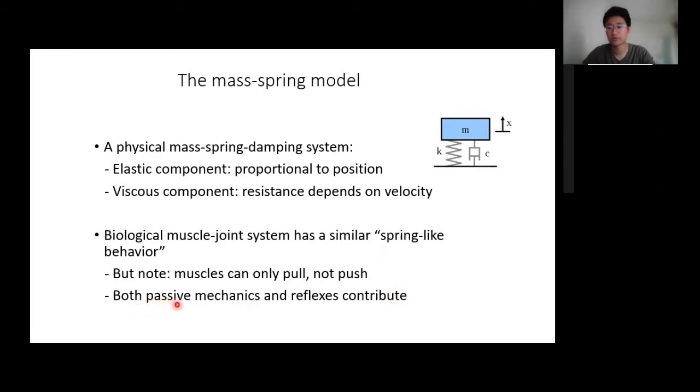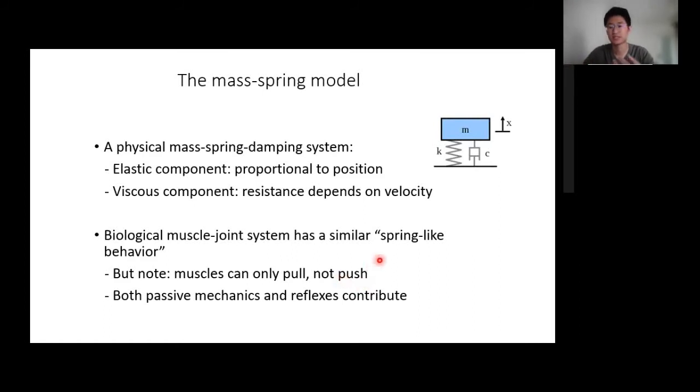So this is already kind of a spring-like behavior. And I also have to mention that it is not just the reflex, but also there are passive properties of the muscle. So even without reflex, the passive muscle also acts like a spring. But we have to note that muscle only applies force in one direction. If you voluntarily contract a muscle, the muscle only pulls, but you cannot generate a command to make a muscle push.